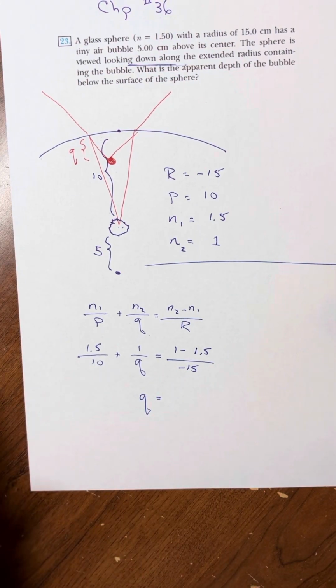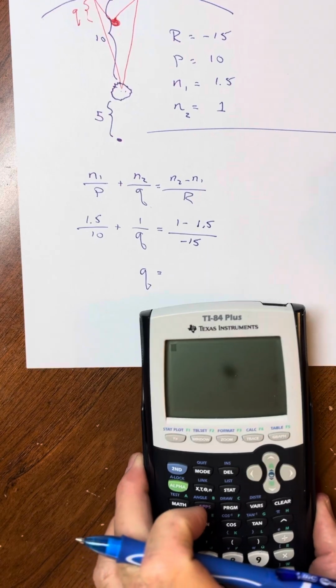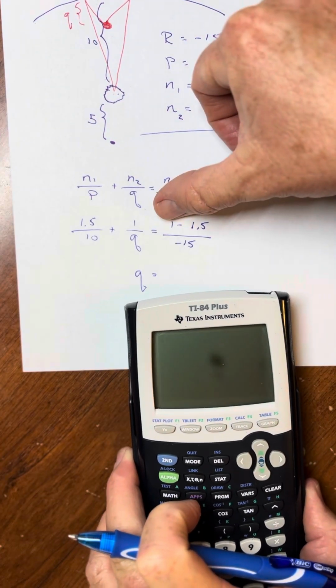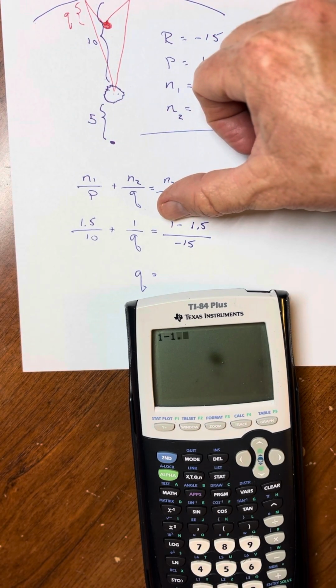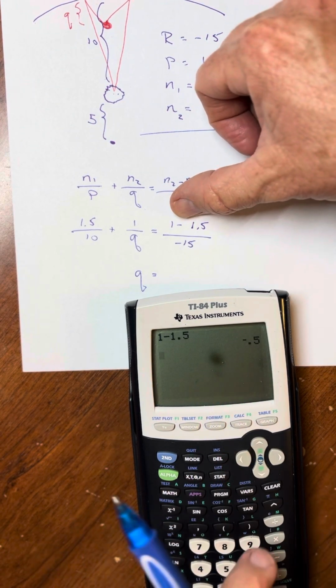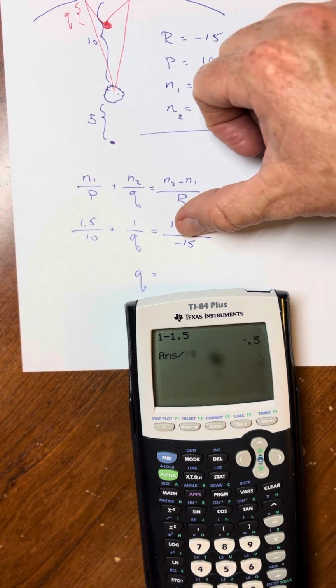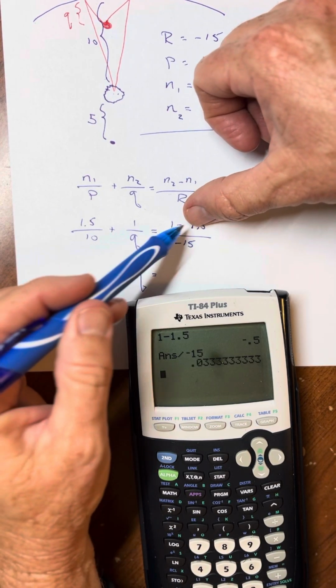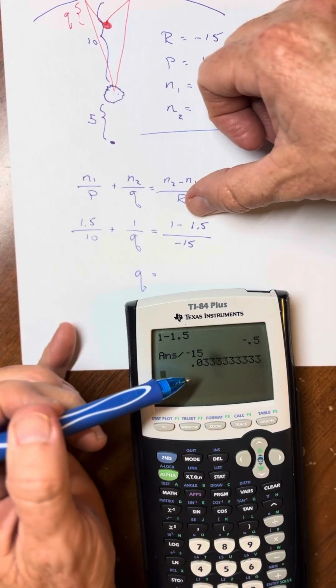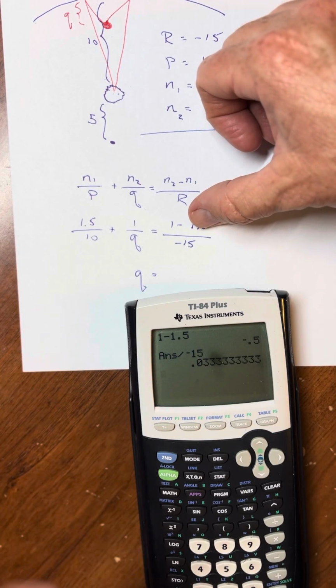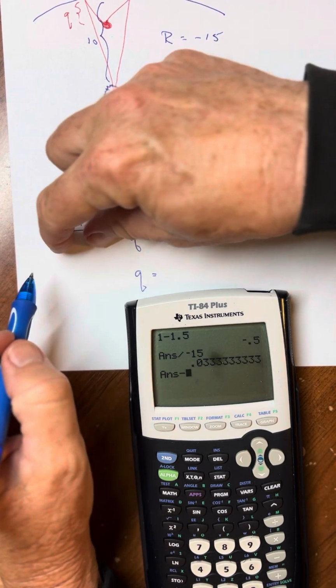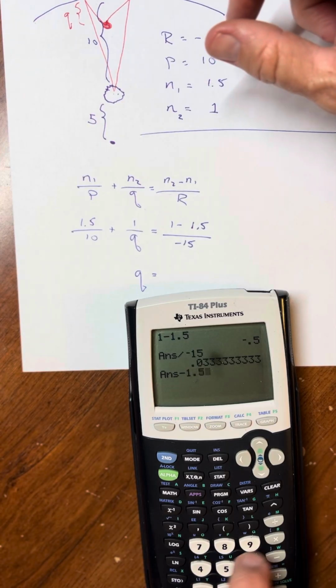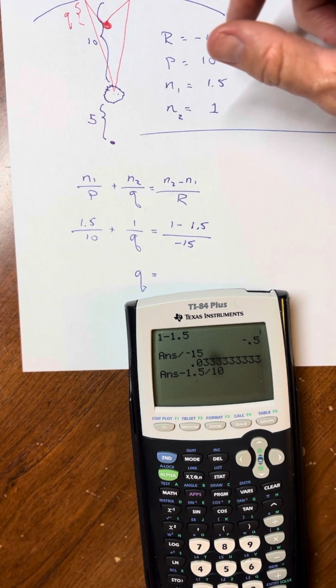All right, so grabbing my calculator, maybe I'll just do this numerator. 1 minus 1.5 is obviously a negative 1.5. If we divide that by a negative 15, this whole thing is positive 0.033333. Then I'll subtract, when I move this to the other side, 1.5 divided by 10.